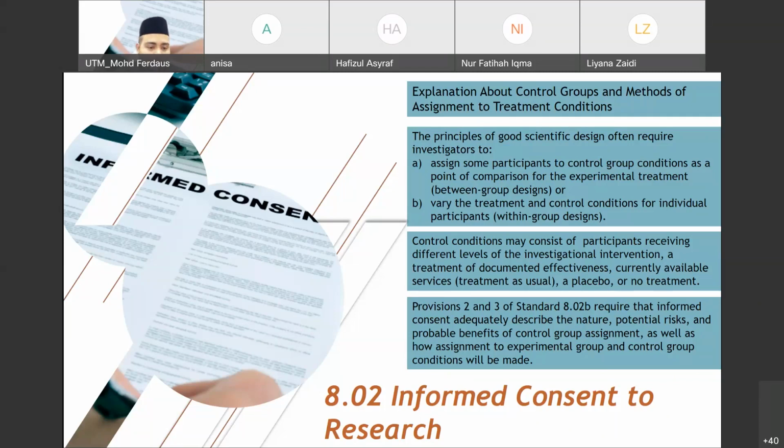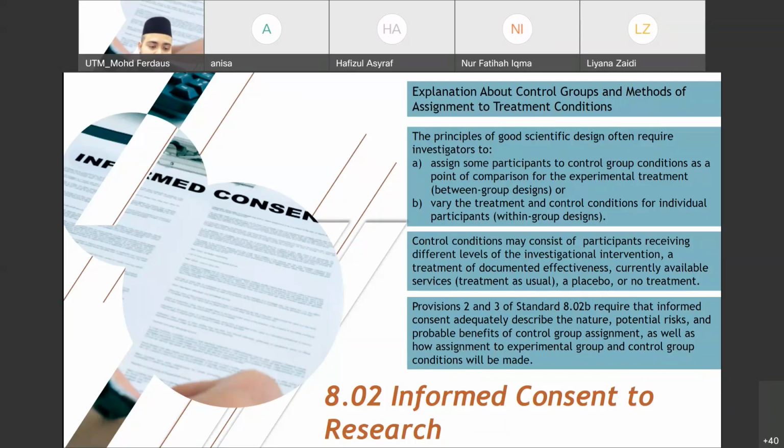I was not assigning students to only receive WebEx, or to only watch the pre-recorded video. I rotated it. Some weeks I used WebEx, some other weeks I used an asynchronous edited pre-recorded video. So this is similar to the concept of within group design. All the respondents receive the same treatments, but at different times.